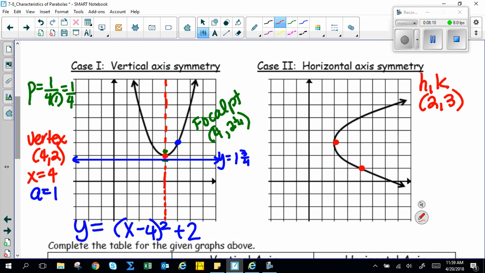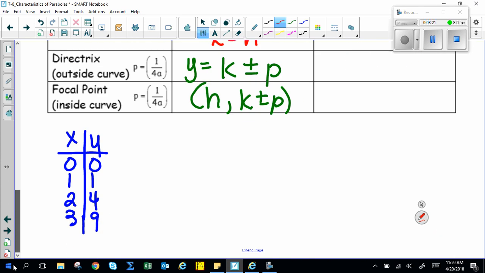When we look at this graph, if this was concave up, we would be going right 2 and up how many? 2. Well, what does the parent function tell me to do when I go right 2? I go up 4. So what do I have to do to 4 to get to a 2? I have to multiply it by 1/2. That's my a value, because I'm going over 2 and up 2.